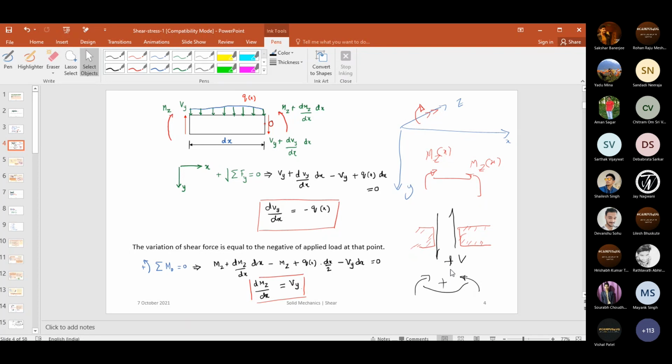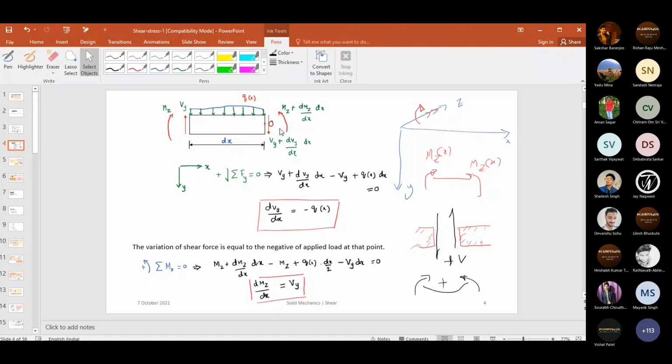But you are the only person who will be taking a different sign convention, so it will be better if you take the same sign convention. But I leave it to you, because tomorrow you can come and argue, then I don't have any answer for you. Okay. Now we will take this as a positive bending moment.